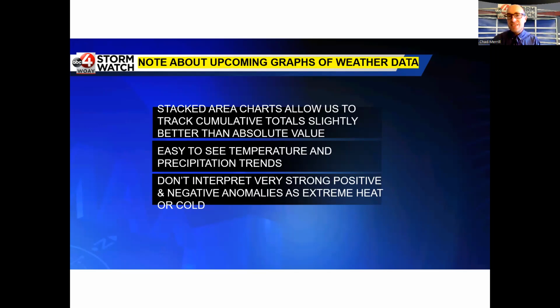I use these stacked area charts to show you visually the fluctuations in temperatures because it's a very good visual reference so you can see where it's going to be colder and warmer than average for an extended period of time. Now, don't interpret it as being 30 degrees above normal or 30 degrees below normal, but the cumulative effect of the cold weather over that period of days.